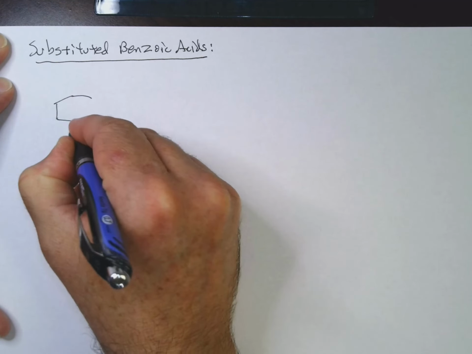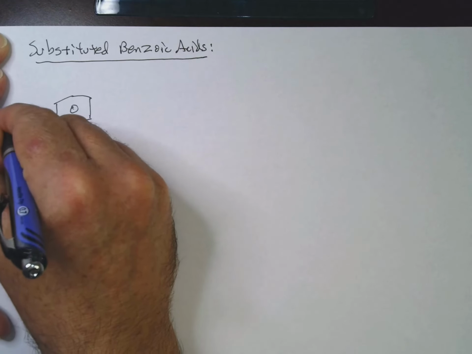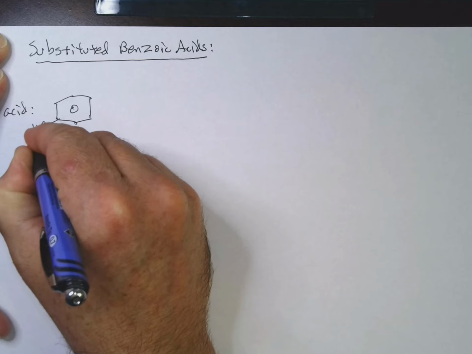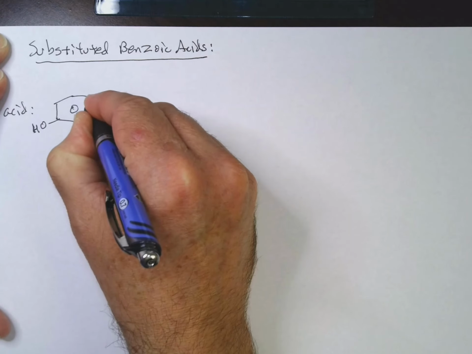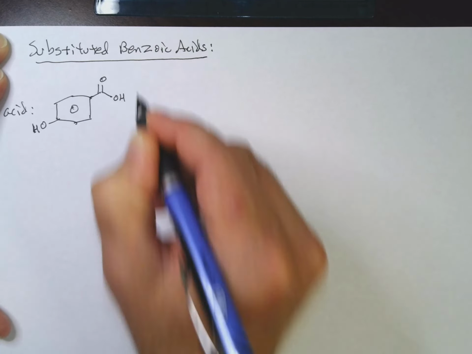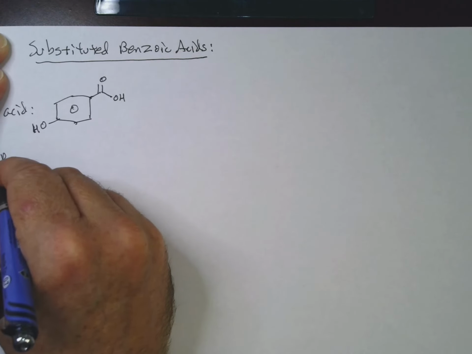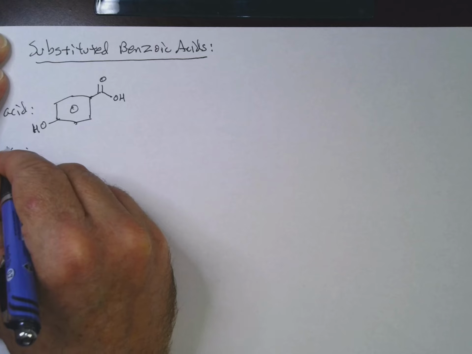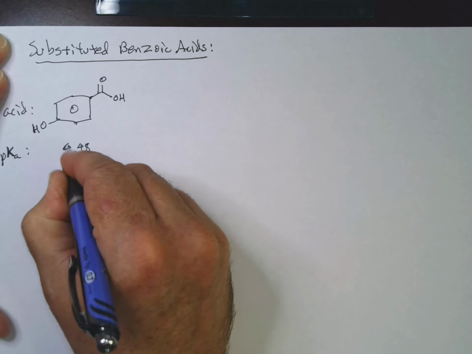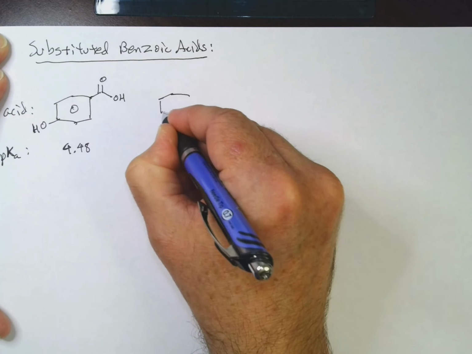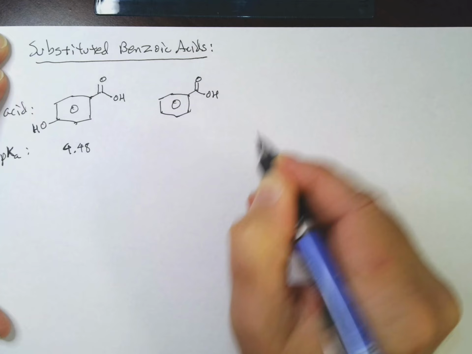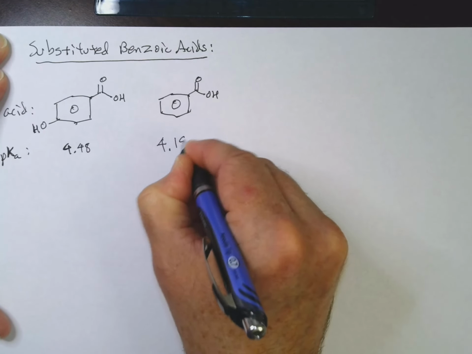So we'll look at our acid here. If we had our para-hydroxy benzoic acid, our pKa here is 4.48. Now, if we just had plain benzoic acid, our pKa is 4.19.